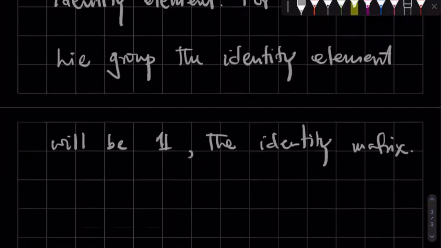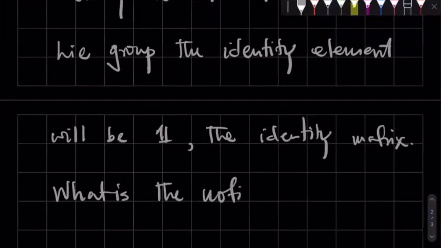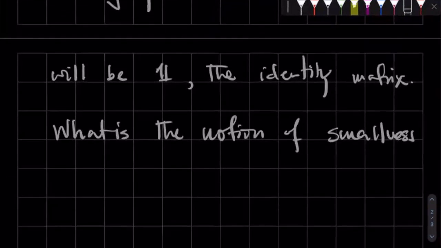So now we want to say, what is the notion of smallness? Because we are looking at a group which is also a manifold, there should be some corresponding notion in a manifold.